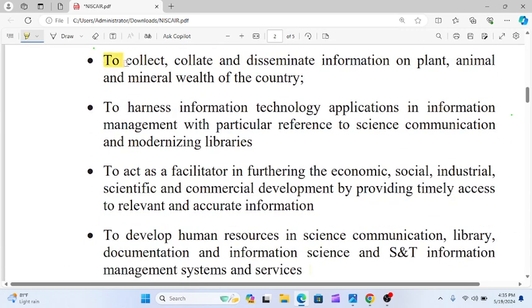Next, to collect, collate, and disseminate information on the plant, animal, and mineral wealth of the country.